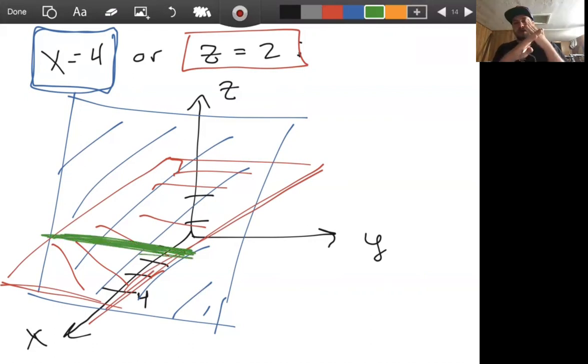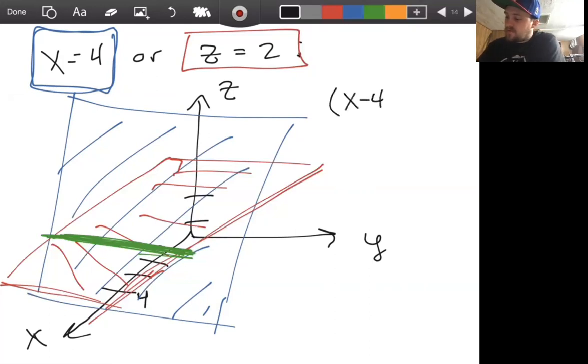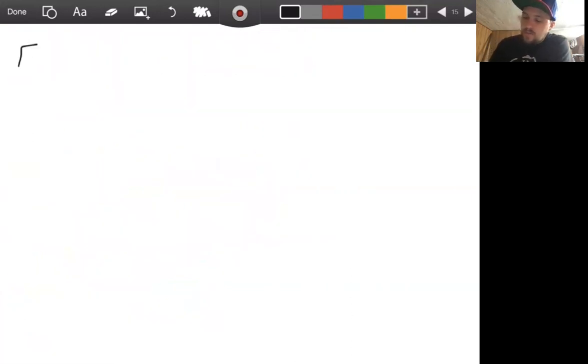And so we have kind of a crossed section of planes here that are both parallel to coordinate planes. So this picture here is the graph of (x - 4)(z - 2) = 0. I want to give one more example. This was the second example.